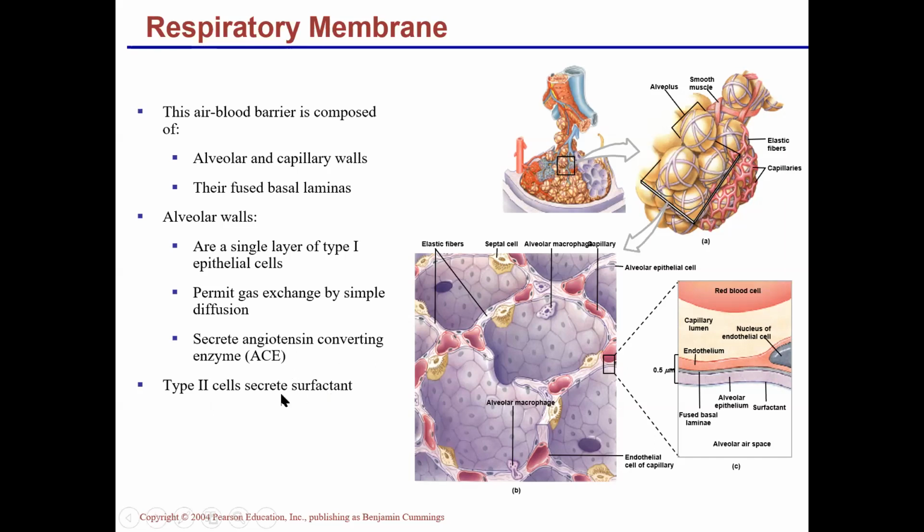When you have surfactant, it's kind of like putting oil on the surface of this air sac. Because it's a lipid surface, there's no charge, no negative or positive charges on the surface. So that will reduce the tension or attraction from one side to the other, compared to an air sac with no surfactant, where you just have a little bit of water on the surface.